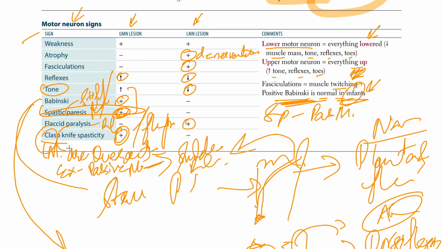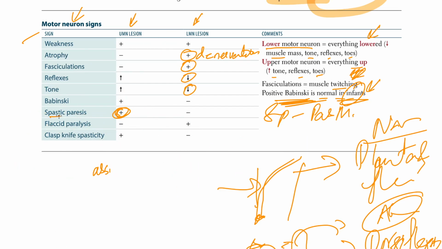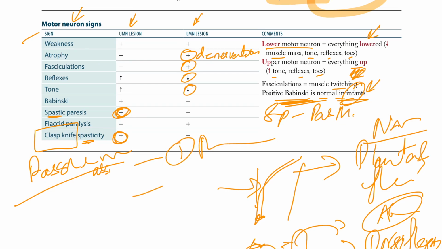And that's called clasp knife spasticity. Okay, let me make simple sense. Spastic is all about upper motor neuron lesion, right? Clasp knife spasticity is when you try some passive movement. At first, you will have a resistance to that. Secondly, after some resistance, there's a sudden release, as if you took your foot off the brakes. That's called clasp knife spasticity.